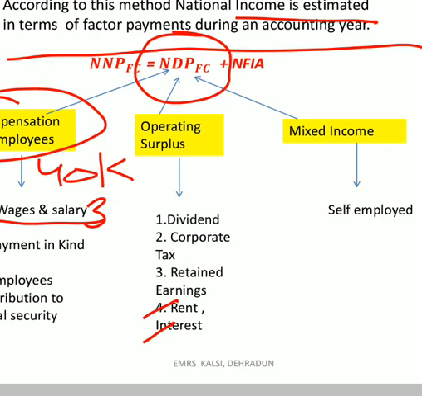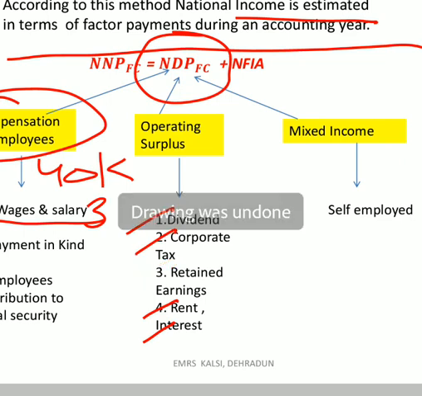What things will be added? Rent and interest will be added in income from property. And in income from entrepreneurship, we add dividend, corporate tax, and retained earnings.